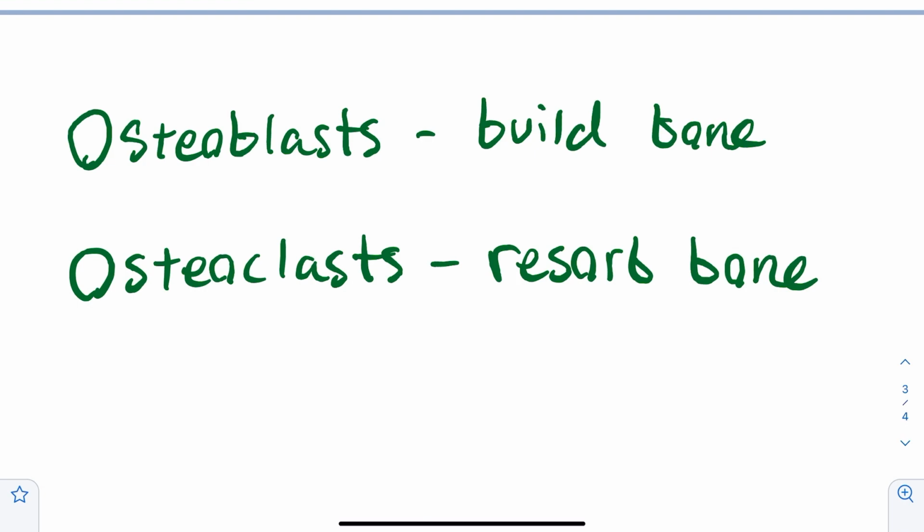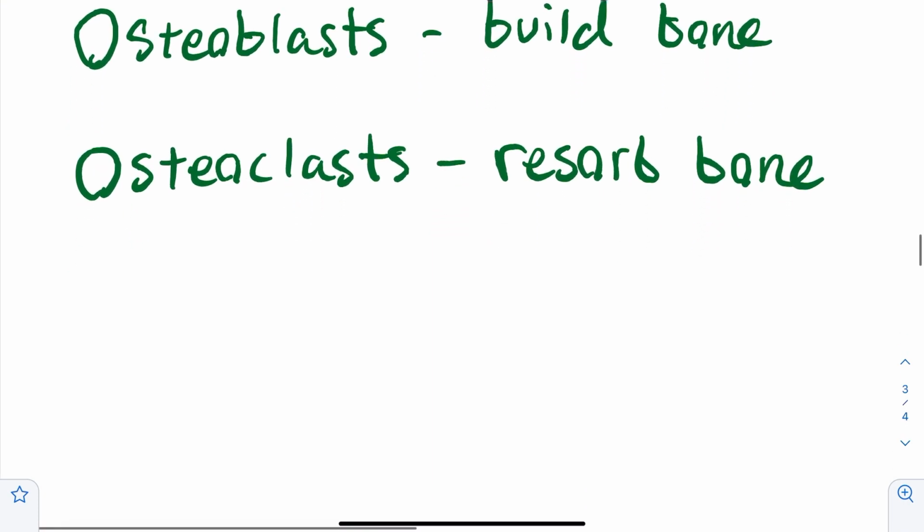So this is how they work. They work antagonistically. They work against each other. And different hormones in our bodies and different conditions that we have are going to influence which one is working more than the other and what the net or overall effect is on our bones. So one set of hormones is parathyroid hormone and calcitonin.